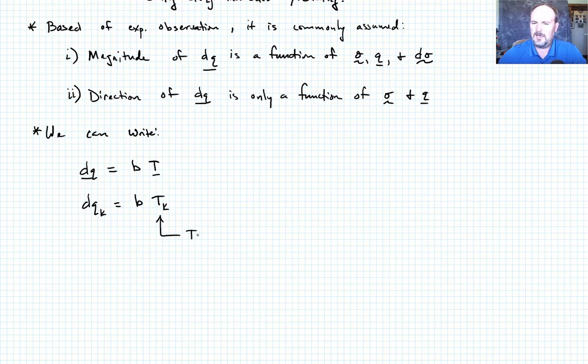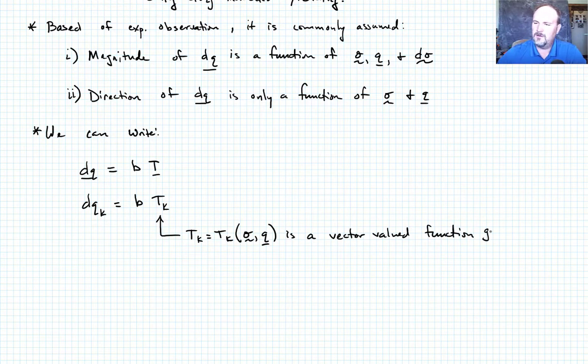It's a vector-valued function that defines the direction. So tk, which is a function of only sigma and q, is just a direction. It's a vector-valued function that gives the direction of the change in the internal state vector.